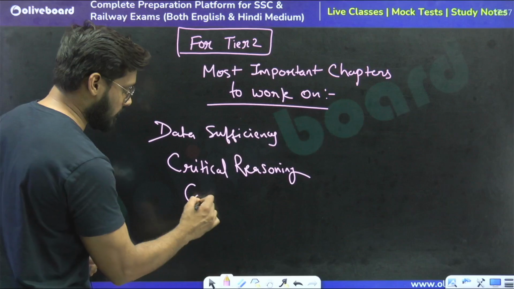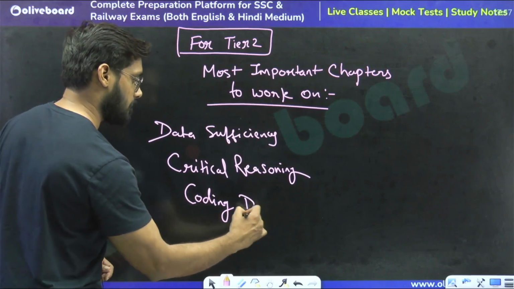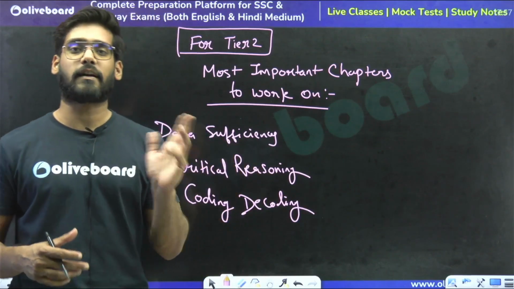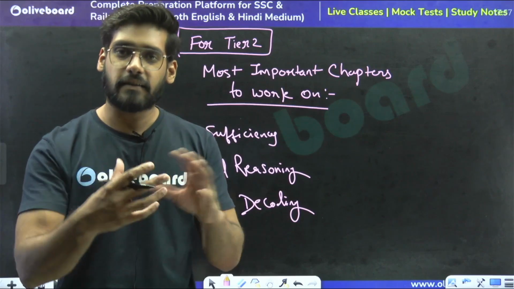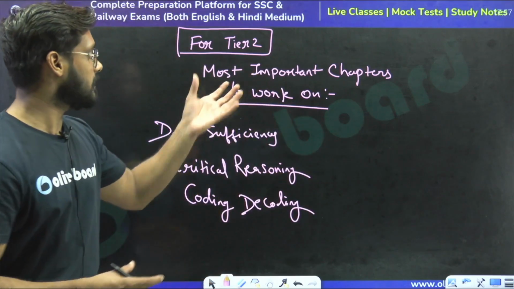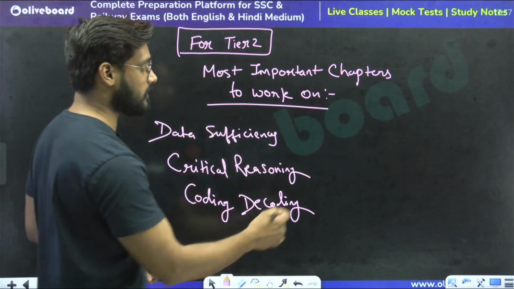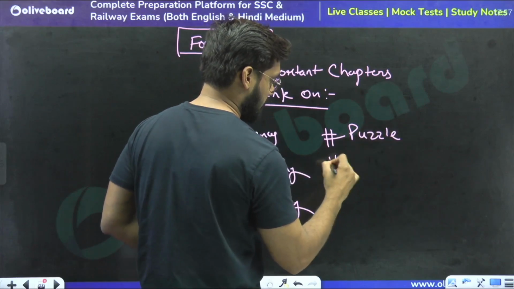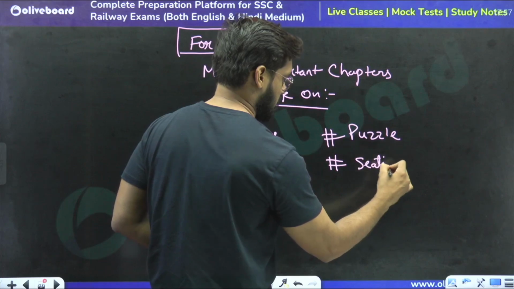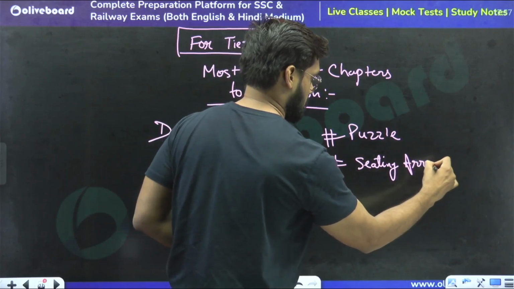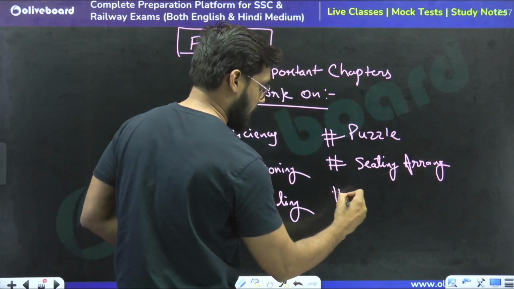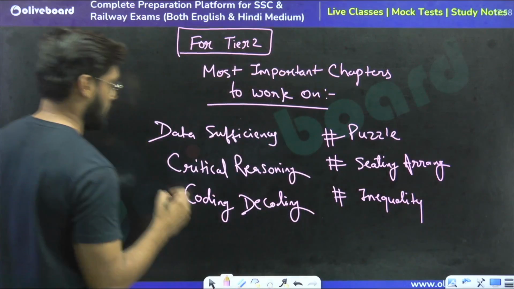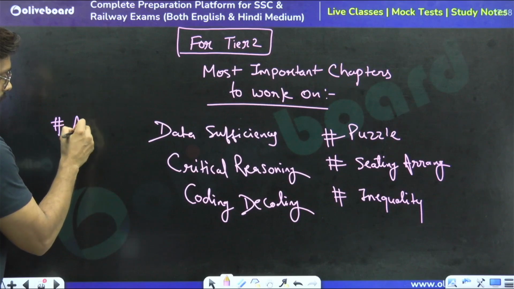Third thing, coding decoding, very important one. At least 2 to 3 questions are also asked from this chapter. There are many other chapters which are very important for tier 2, but these chapters are also there: puzzle, sitting arrangement, inequality, analogy.